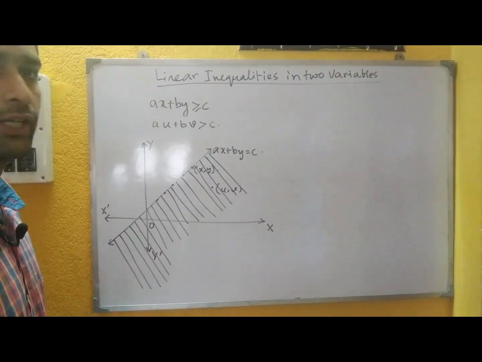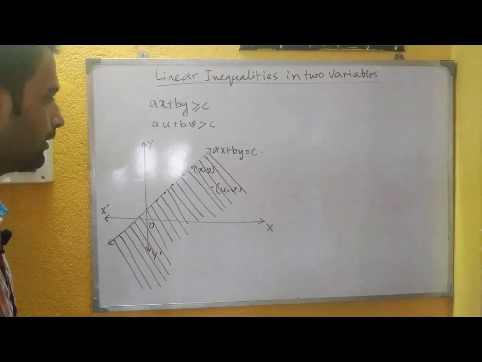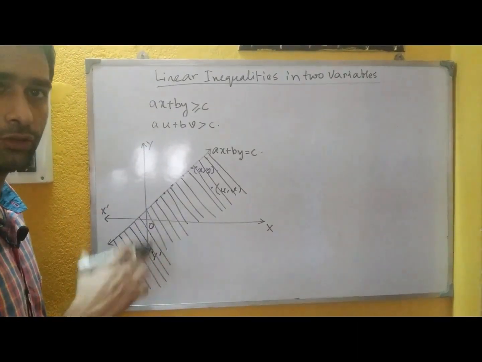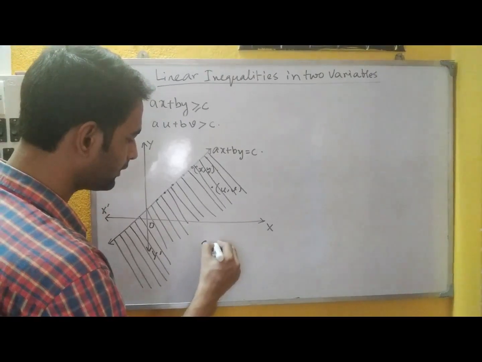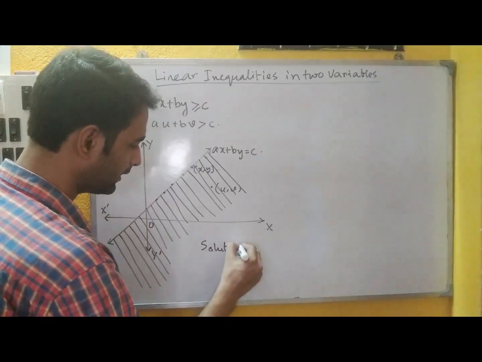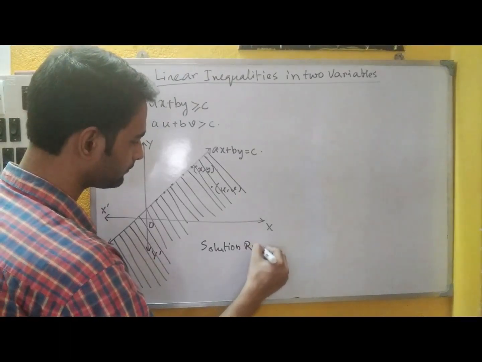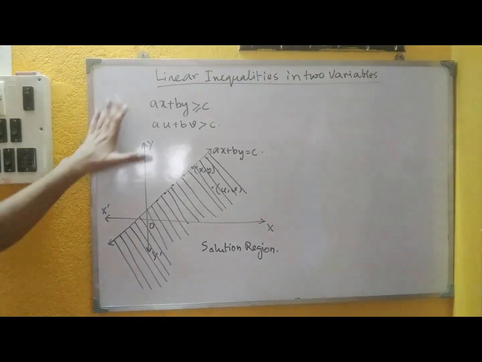So in the case of inequalities, not only the points on the line will be solutions, the points outside the line which satisfy the inequality will also be solutions. So in this case, we get a solution region, not only points. That solution region will be our solution for this kind of inequality.